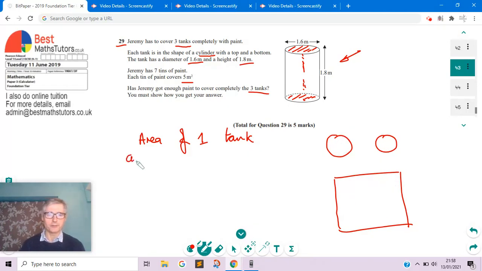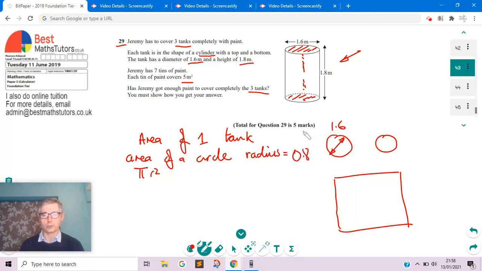So we know the formula for the area of a circle is equal to pi r squared. And what we've been given is the diameter is 1.6. Now, if the diameter is 1.6, that would mean the radius is half of that. So the radius is 0.8.